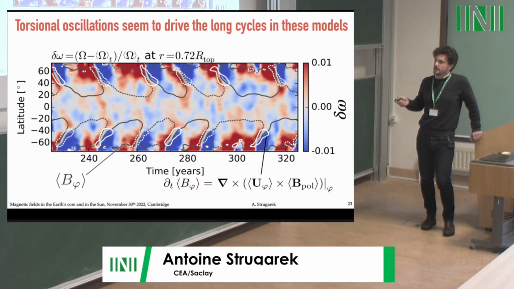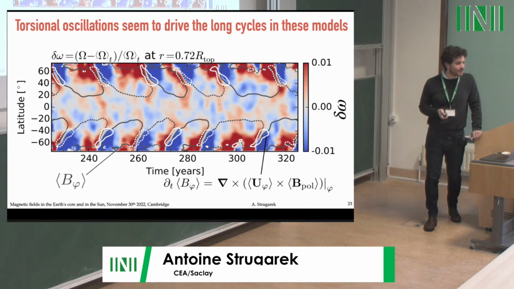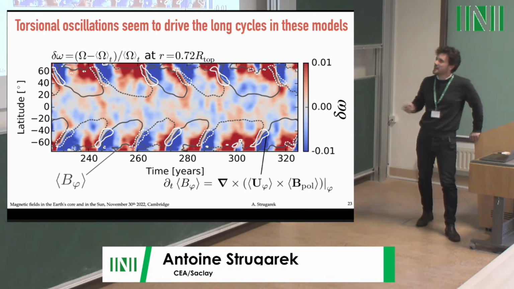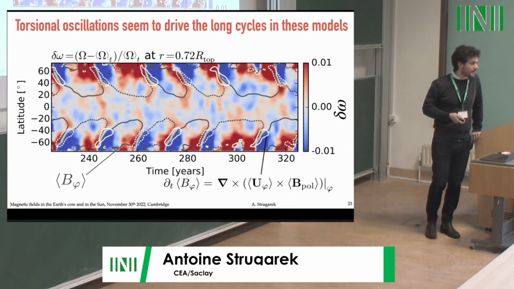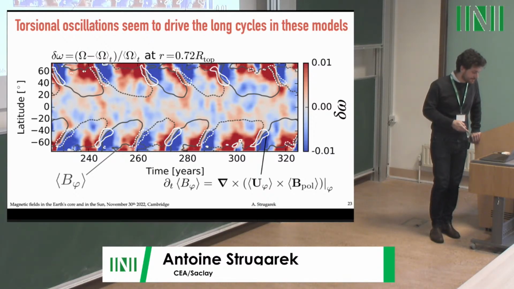So it is what we find. It's not shown here because that would be one too many contours, and it's already a lot of contours on this plot, I'm sorry. But the poloidal field actually reverses right after this transition in B phi. So it is this variation of omega, or U phi, that triggers the cycle, at least in these simulations.